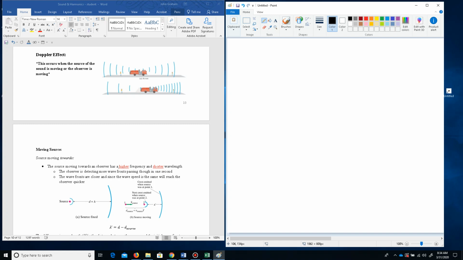When the fire truck starts to move forward, each next source of the sound happens closer, and so these wavelengths decrease. Whereas here, each source of the sound is moving farther apart, so these wavelengths increase, and so you hear a different wavelength when it's moving.